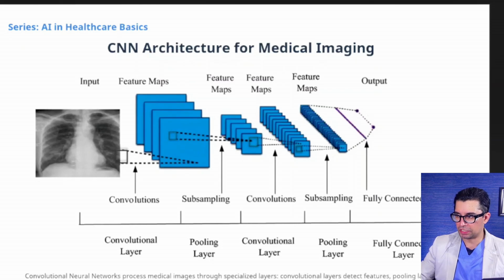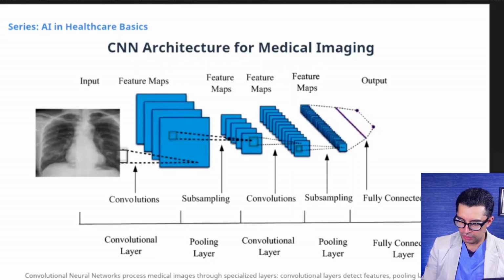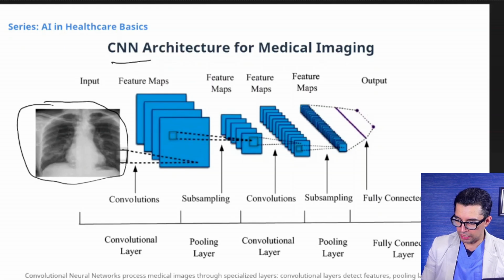Now, this is a basic architecture of a convolutional neural network, and this is what we will talk about today in this video. Of course, this is a chest X-ray. For those in healthcare, they would know this very easily. Now, what happens?